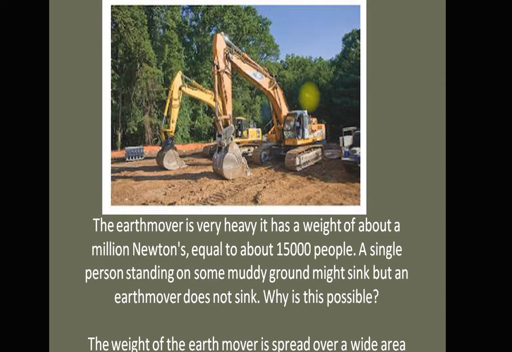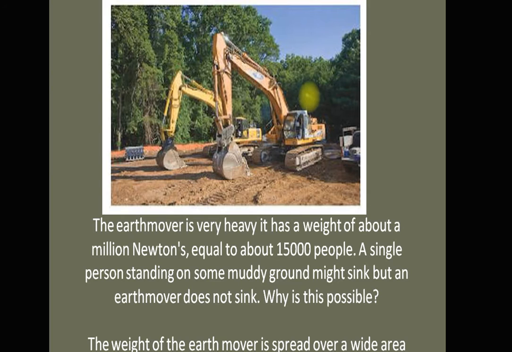Now, the earth mover is very heavy. It has a weight of about 1,000,000 newtons, which equals about 15,000 people standing. But it doesn't sink on the muddy ground. Why do you think it doesn't sink? A single person, when you stand on muddy ground, you find your leg is sinking.